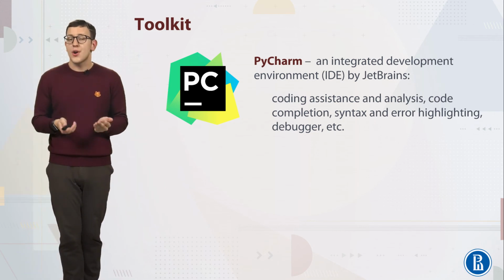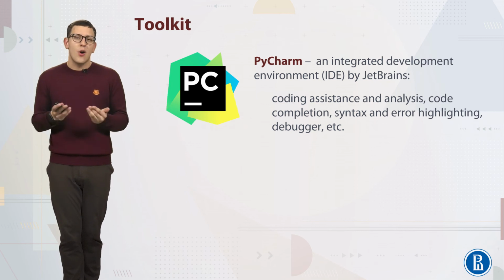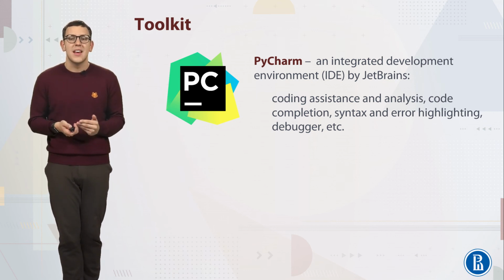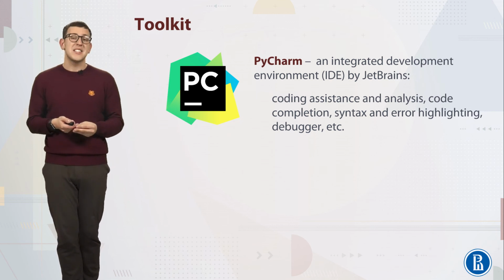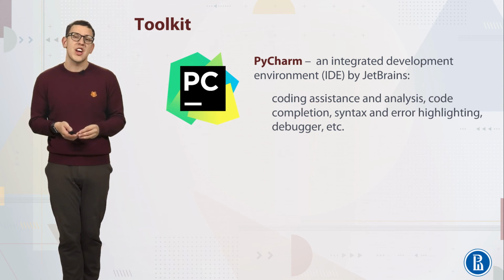You can also use code completion in order to not have to keep in mind all the functions. Just basically start with them, and then PyCharm will help you with completing code. Syntax and error highlighting is another useful feature of PyCharm. And besides that, you can also use debugger and error handling, which will allow you to check whether your program is correct or not.